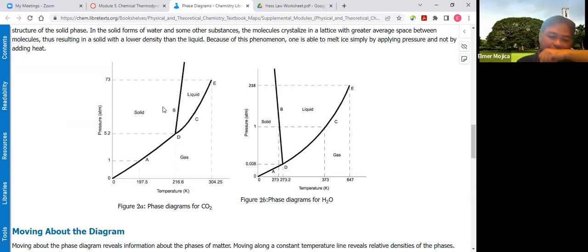Or what phase or phases in the B area? So, try to look at the difference between the phase diagram of CO2 and H2O. I think I also have it in my lecture video.